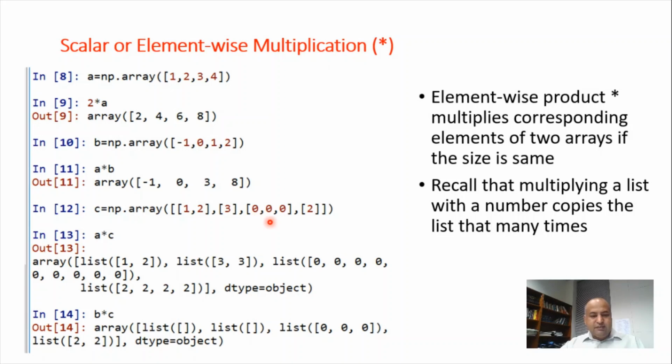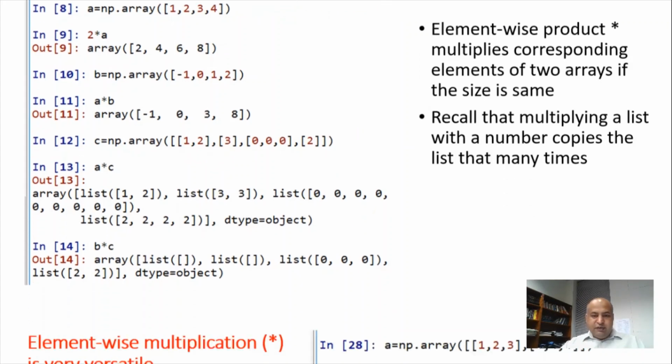So the rest is obvious. This 0, 0, 0 list multiplies with 1, so we get 1 copy. When this 2 gets multiplied with 2, we get 2 copies of 2. So this is how this star operator works in general: when dimensions are the same, the corresponding elements are multiplied. And when list is multiplied with a number, we get that many copies of the list.